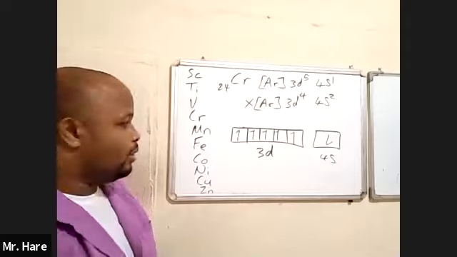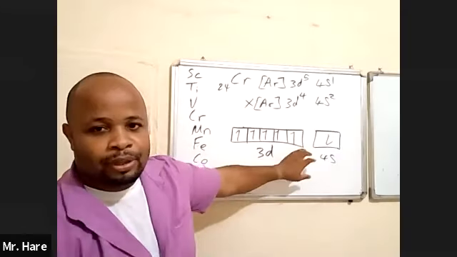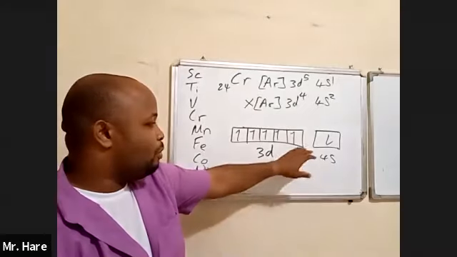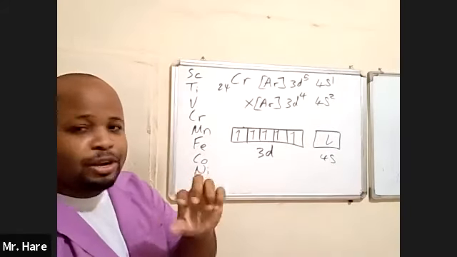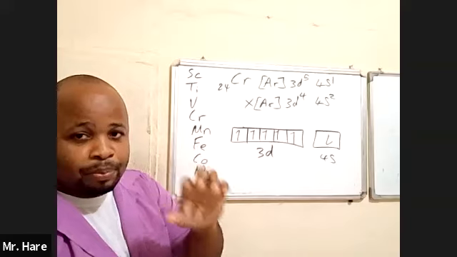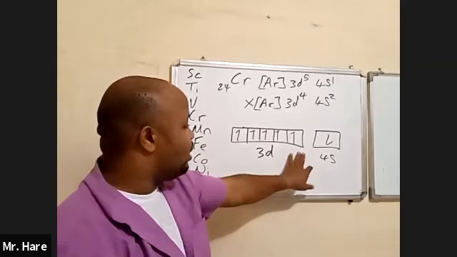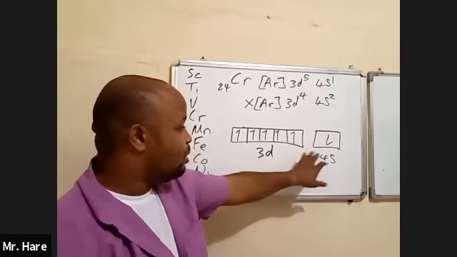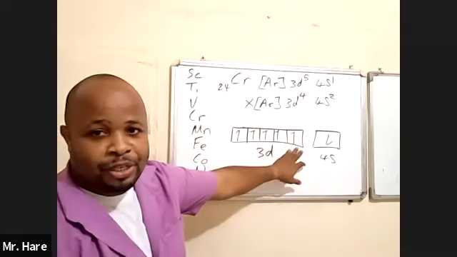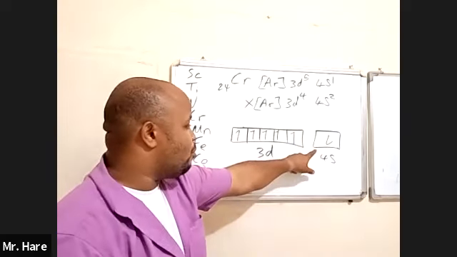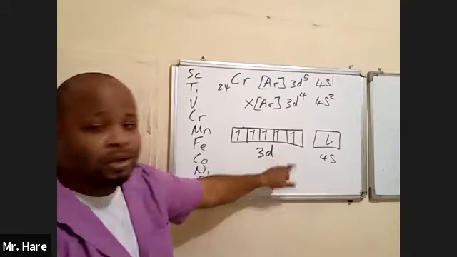So for chromium, yes? What about the other elements that have like 3d3 or 3d2 with the 4s orbital filled? So the point, that is why the point was made about chromium, that the energy gap, specifically for chromium, the two of them are close in energy. So it's easy for chromium to promote one electron.